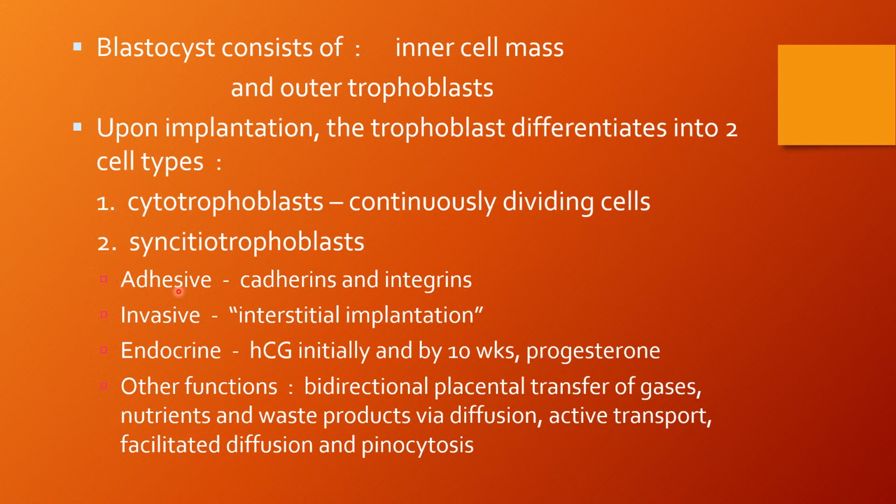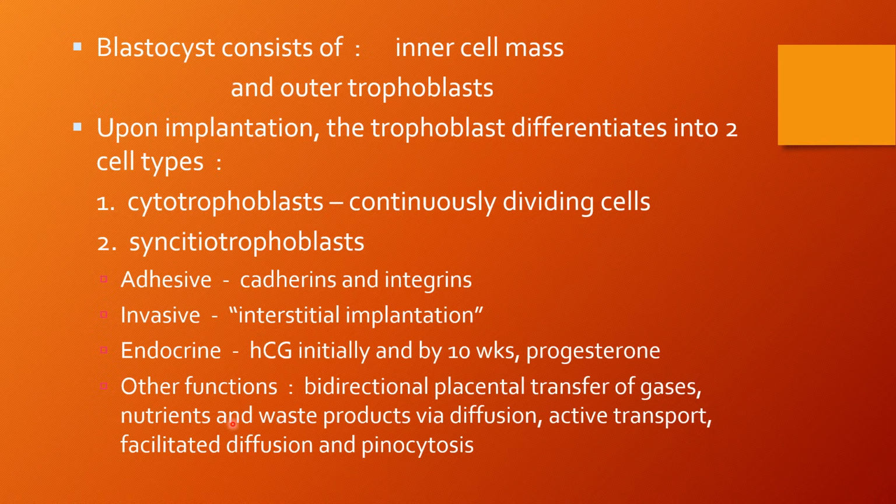First is the adhesive function, by producing cadherins and integrins. It manifests invasive function, so it implants and invades through, which causes interstitial implantation. And it will have the endocrine function by producing human chorionic gonadotropin by 10 weeks, and later on progesterone.